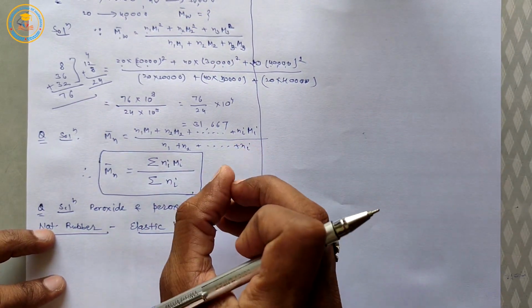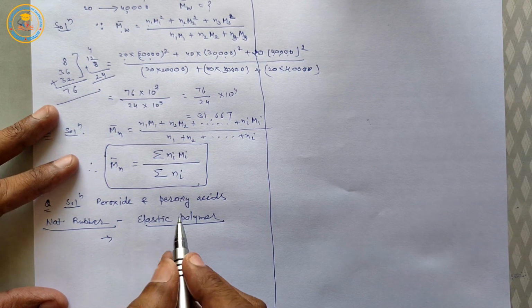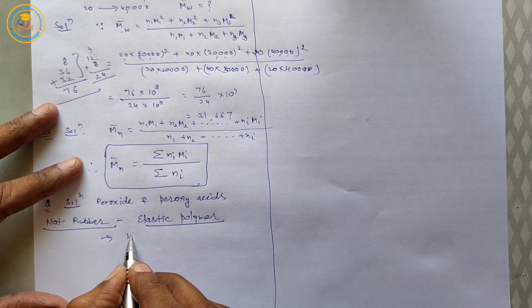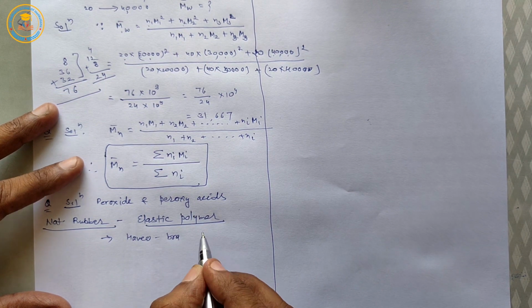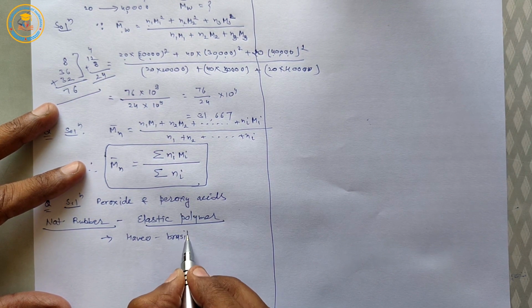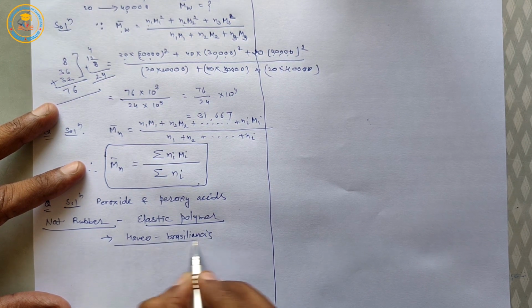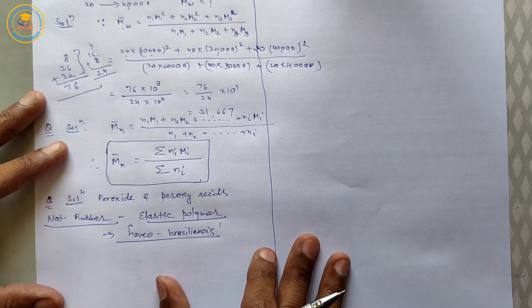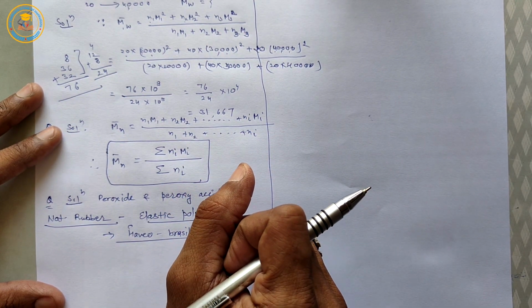It is obtained from rubber trees. Very important, its botanical name is Hevea brasiliensis. It is a linear polymer of isoprene.